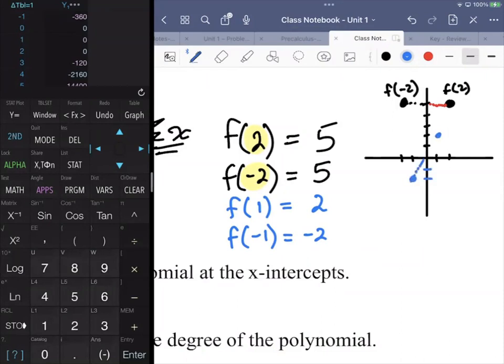Now you have symmetry, but that symmetry is not over the y-axis anymore. It's through the origin. So this is my f of -1. This is my f of 1. And again, if it generalizes for all values of x, then I know that I have a graph that's symmetric over the origin.